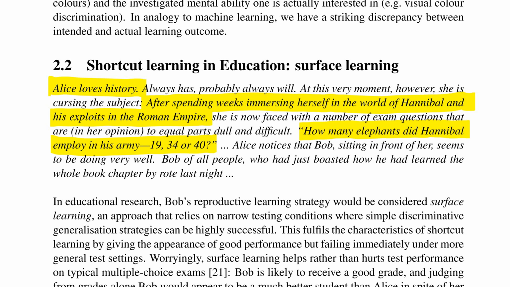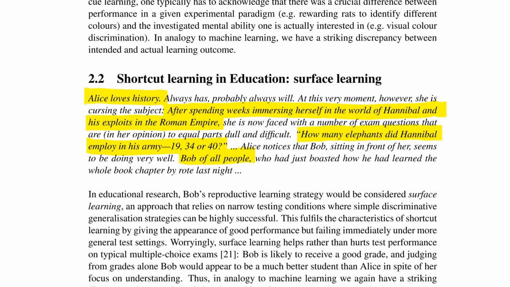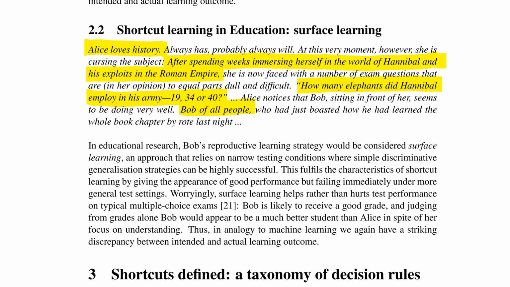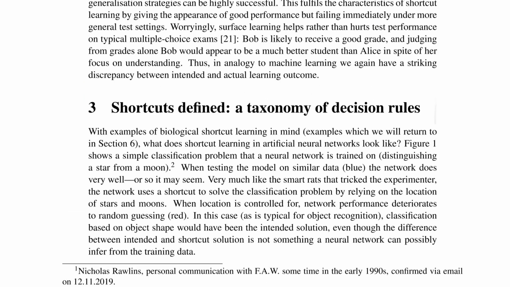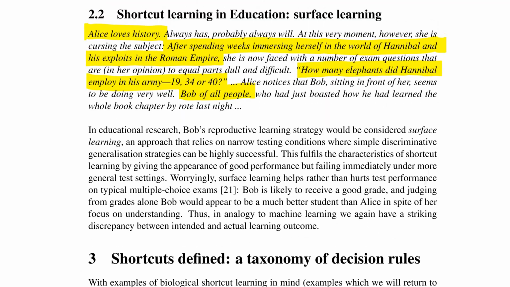So the exam questions are multiple choice, not focused on understanding, and Bob had just learned it by heart and is now doing much better than Alice, who has actually understood the topic, right? So they give these as examples of shortcut learning, where the model learns something that we don't intend it to do, right? All right, and I think this is the crucial point, right?